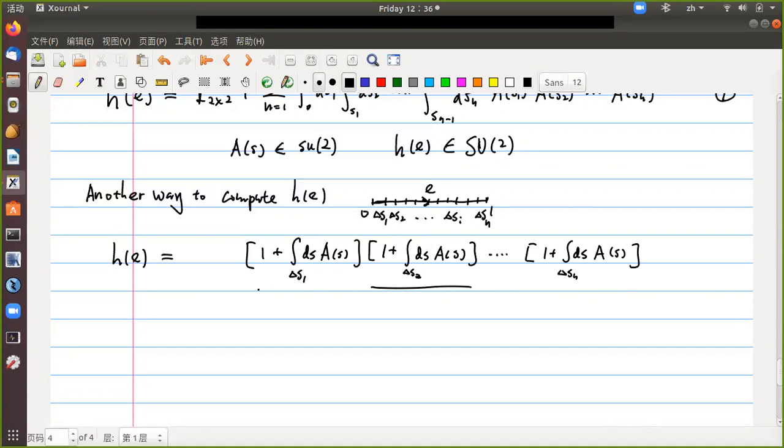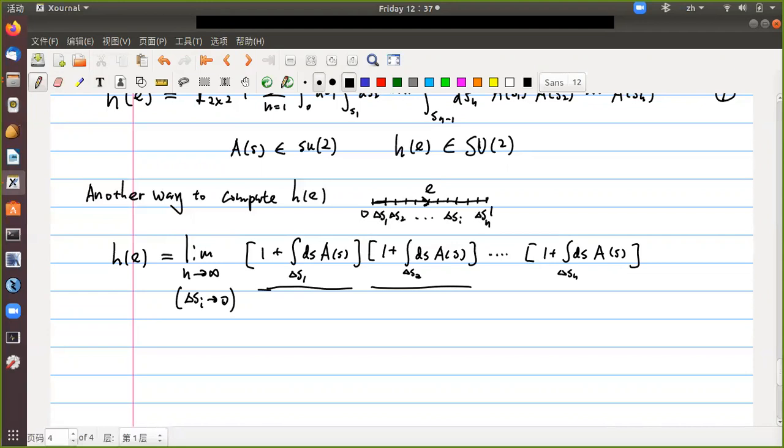So the integral over delta S2 is multiplied after the integral over delta S1. And in the end, you take the limit n goes to infinity, with an infinite number of small pieces, where each delta Si goes to 0, and you shrink each piece to 0.